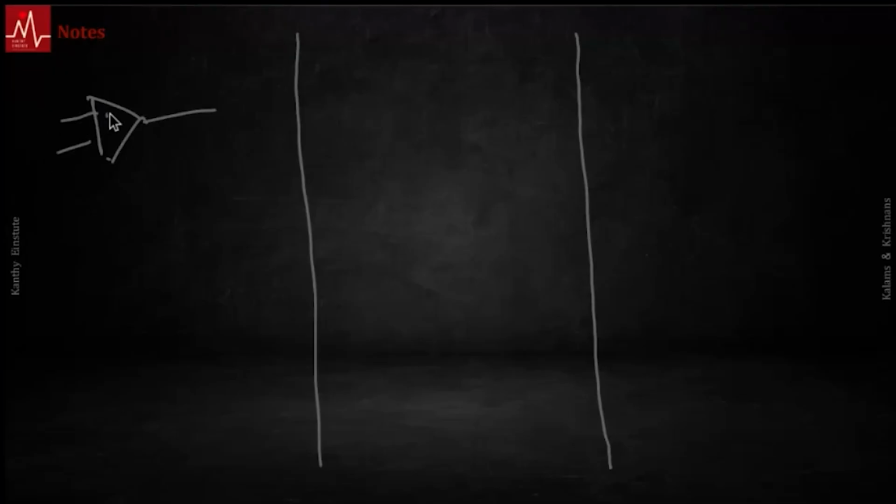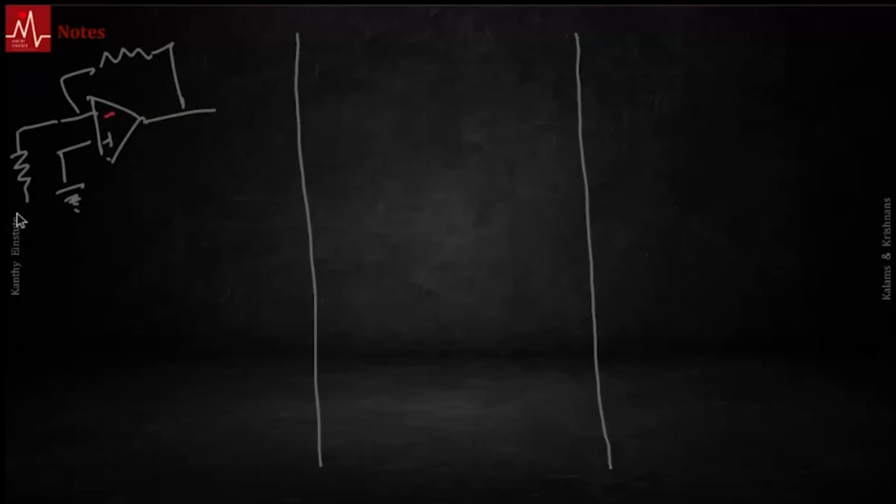Whether it's the inverting terminal or non-inverting terminal is based on how it is drawn. Here the input is going to the inverting terminal, so it's an inverting amplifier that I have drawn.